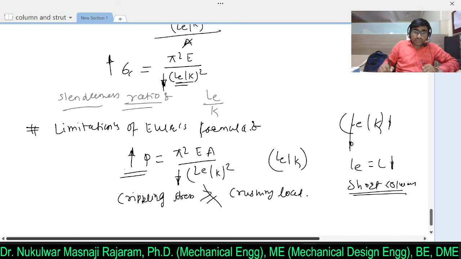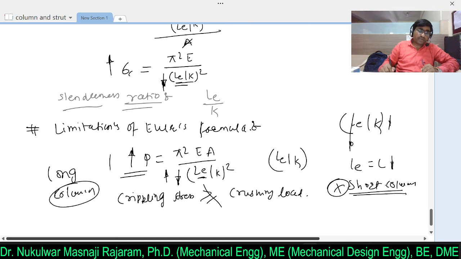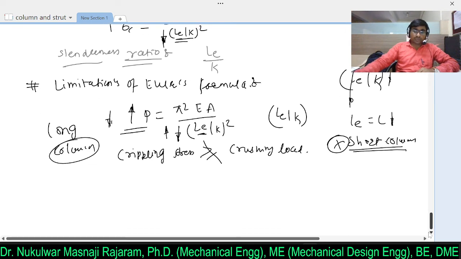So this particular Euler's formula cannot be used for the short column. It is only used for the long column. Clear? So if it is a long column, then the length is more. If the length is more, then this factor will not be very small. If this is more, then definitely the crippling stress or load will be less than the crushing load. Simple. This is all about the limitation of Euler's formula.